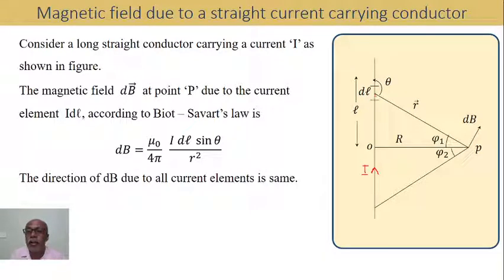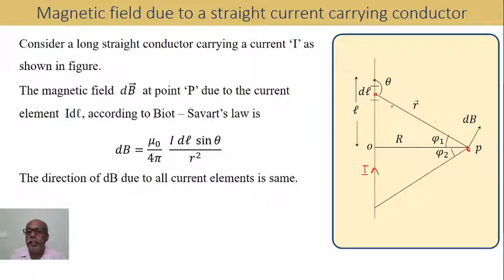From the midpoint of dl, we have considered a point P, which is at a distance r from the midpoint of dl. We have considered a point P where we require the magnetic field.